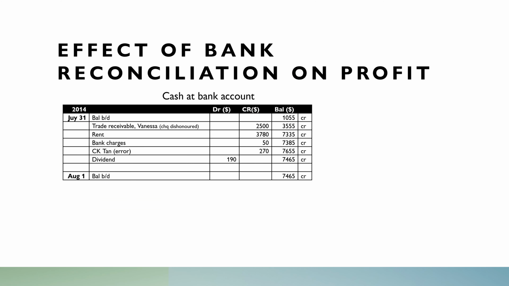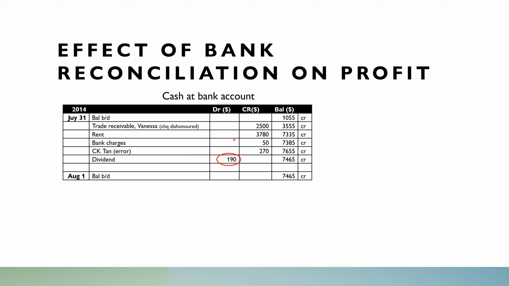Looking at our example just now, we have prepared the updated cash at bank account. So this is the updated cash at bank account. Where is our income? Where is our expense? Our income is on the debit side. So this is the income, dividend. And where are our expenses? Expenses are on the credit side because we are paying money.